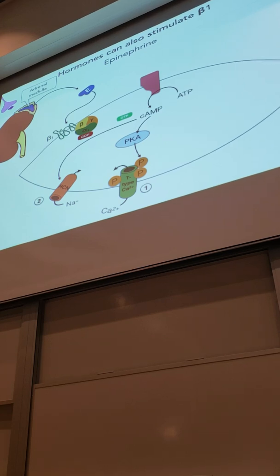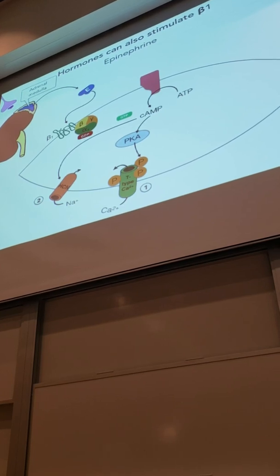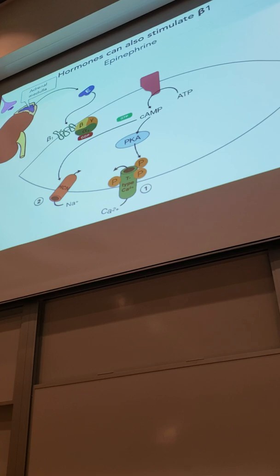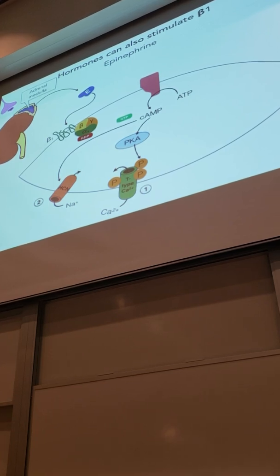But the easy thing to remember here is that both norepinephrine and epinephrine will bind to the same receptor. Okay, so epinephrine can bind to the same receptor, and it can either replace the activity of norepinephrine or augment it, work together with it. But in any respect, epinephrine will stimulate the very same pathway.